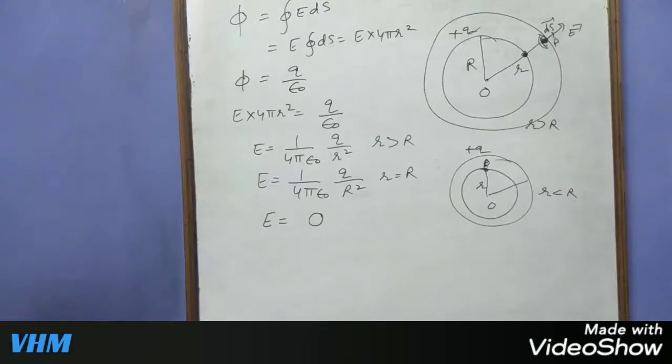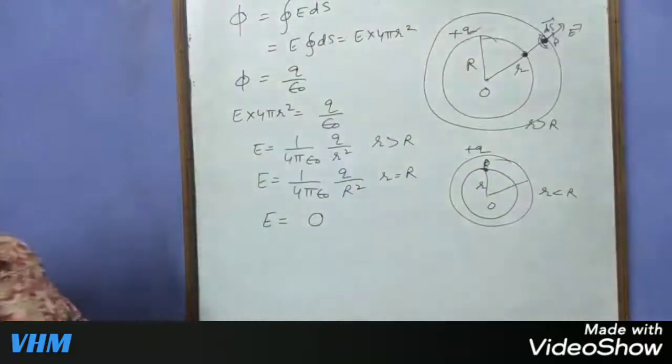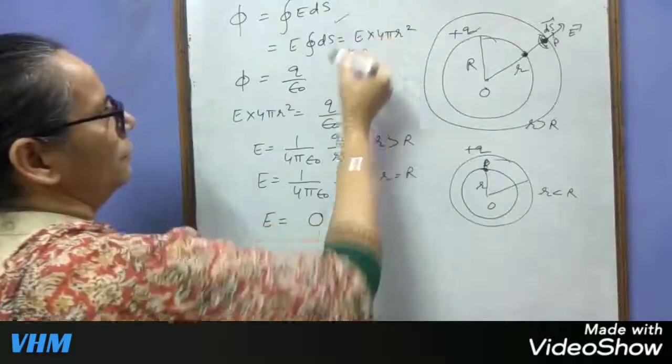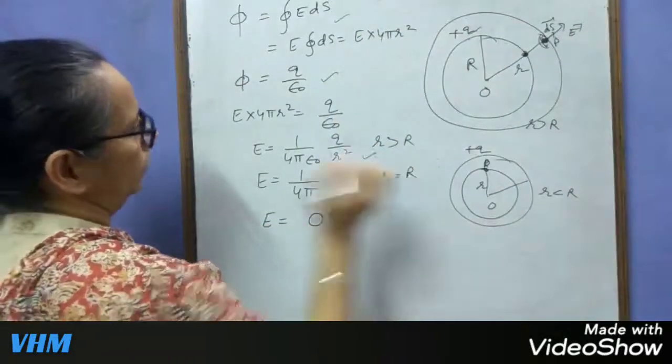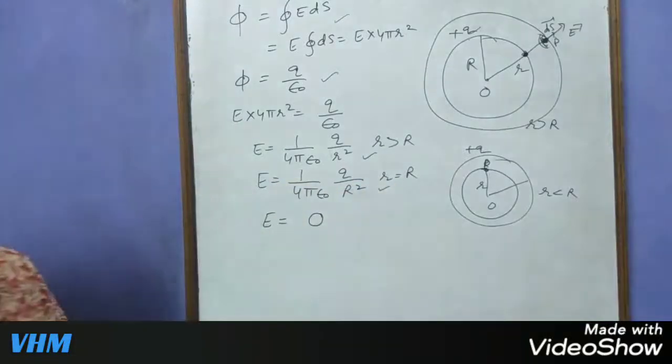Okay, clear? And if we consider the solid sphere to calculate this electric field, the first case is similar. The charge is distributed and we consider the point outside, taking the Gaussian surface, and the value is the same. And on the surface, again the value is the same when r is equal to the radius of the sphere.